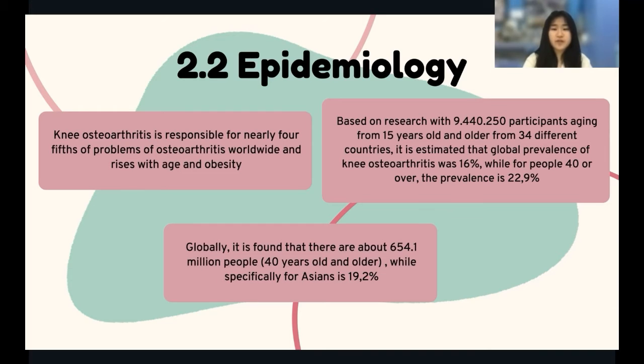For people aged 40 and over, the prevalence was higher, which is 22.9%. Globally, it is found that there were about 654.1 million people aged 40 years old and older who had osteoarthritis in 2020. To be more specific, the prevalence of osteoarthritis in Asians was 19.2%. It is also more common in women than men.